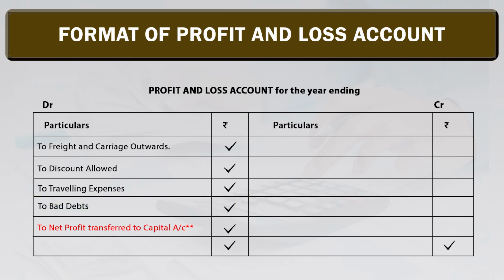Friends, here at the debit side we are having a difference, that is our profit, because there is an excess total of credit side and debit side having less total.